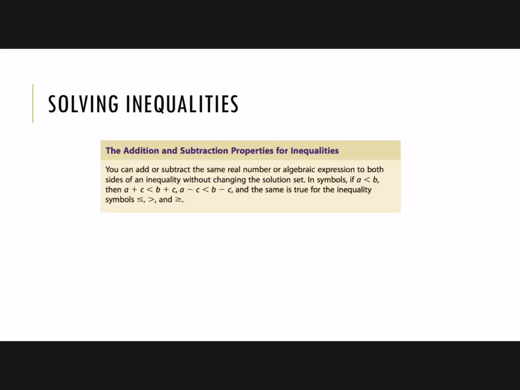For instance, let's say we have x is less than 3, then I can add maybe 5 to both sides, and it would be true that x plus 5 is less than 3 plus 5, or 8. This rule would be true for other inequality symbols as well.